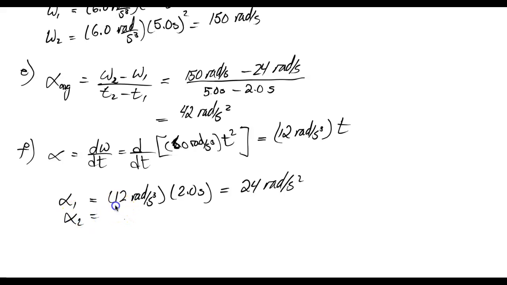And if we plug in the second time period of 5 seconds, we get 60 radians per second squared. So hopefully you see similarities between these equations and what we've done previously for linear motion.